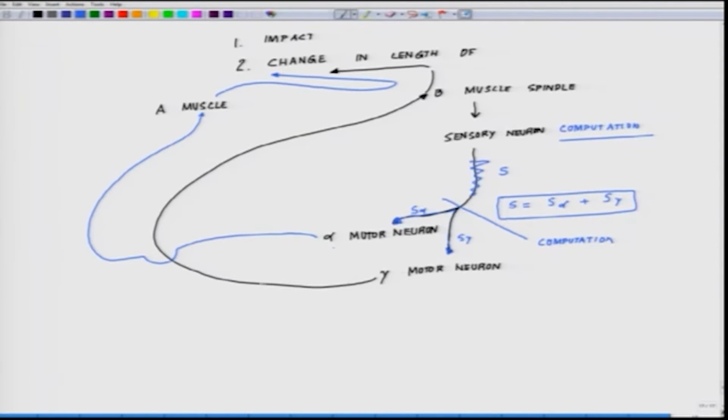Now, the electrical signal which is coded out here, which is traveling along the gamma, exactly knows how much length change has happened in the muscle spindle. This is the third level of computation. There is a fourth level of computation which is happening out here: how much length has to be brought back to its ground state.